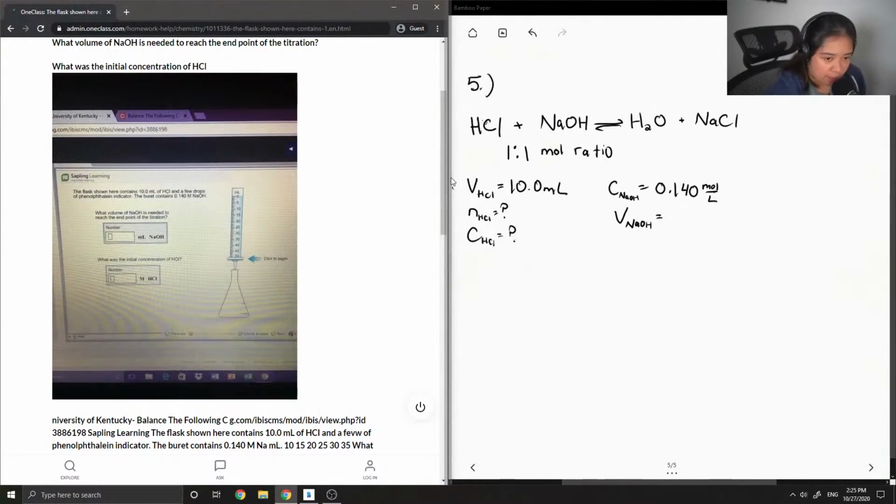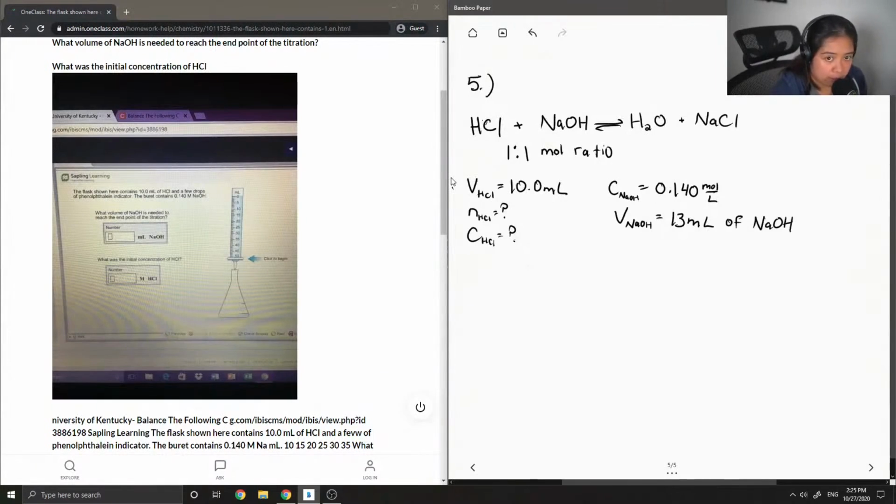So I'm just going to write down that, let's say we use 13 mL of NaOH. It's not shown in the picture, but it should be given. I'm just going to take a note that this is what you should read on the burette, and that's how much NaOH was used to neutralize the 10 mL of HCl.